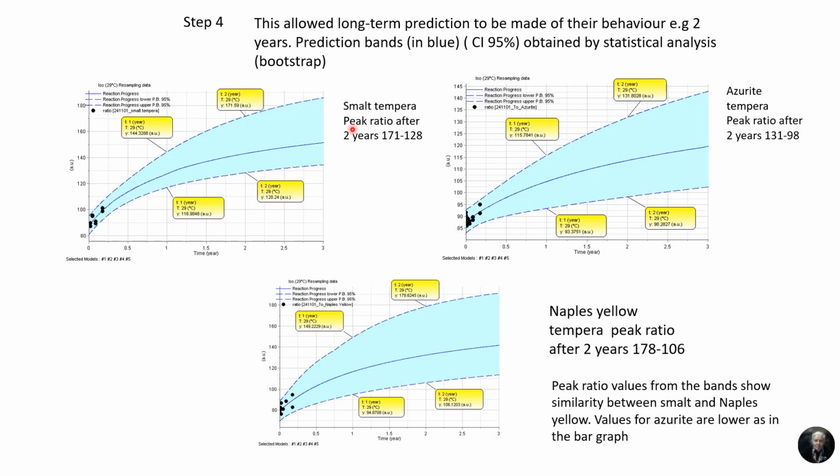So the smalt tempera, the peak ratio after 2 years was within those values. Azurite, the peak ratio after 2 years is lower, and Naples yellow is similar to the smalt. So basically the indications are similar to what has been observed. We want to follow this, we want to do more with this software.